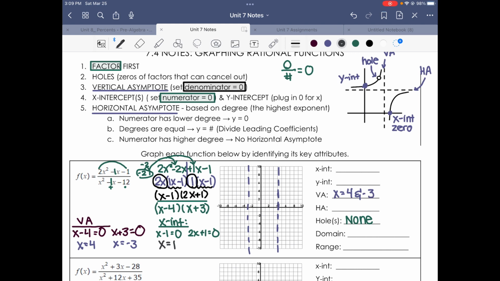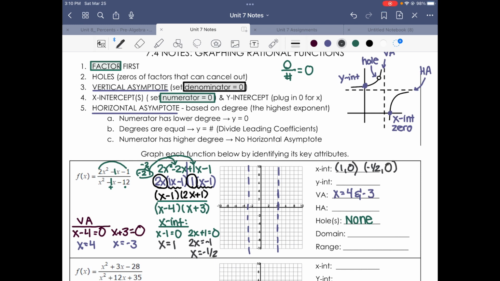So our first x-intercept is the point (1, 0), because the y value, what this equals, is always 0. Then for the next one, I would subtract the 1 to the other side, which is going to give me 2x equals negative 1. And then I would divide by the 2, and it would be negative 1/2. So my other x-intercept is (negative 1/2, 0).